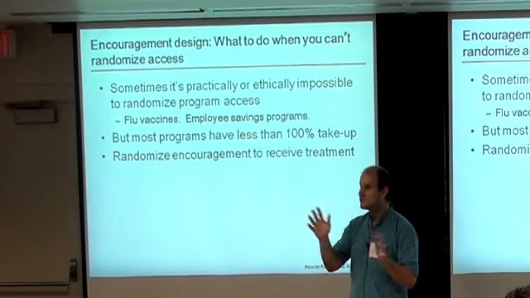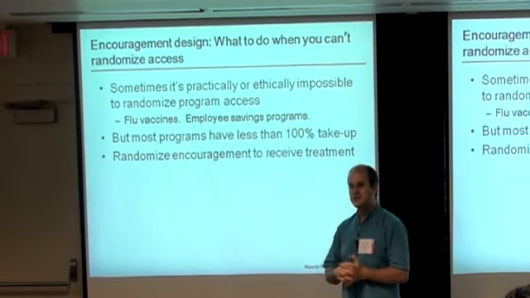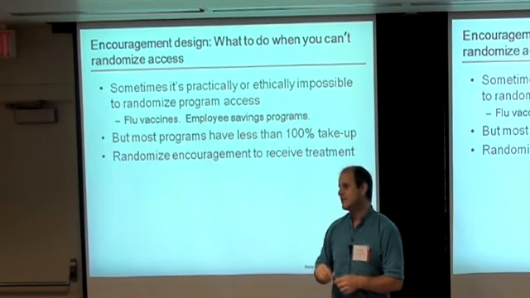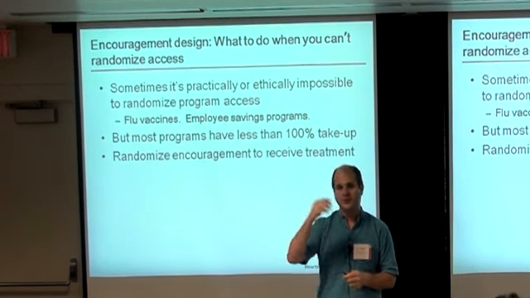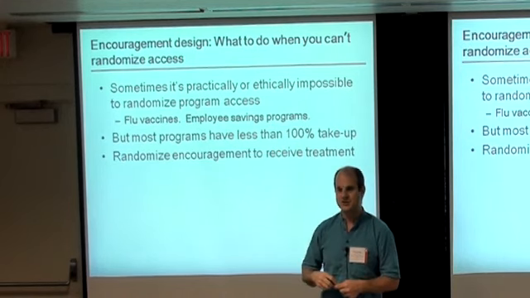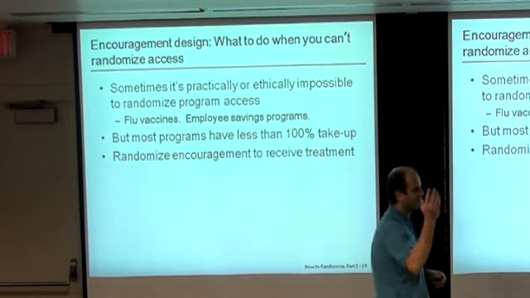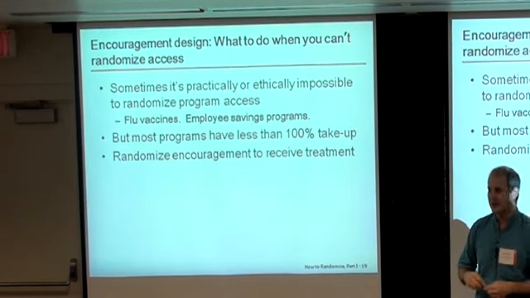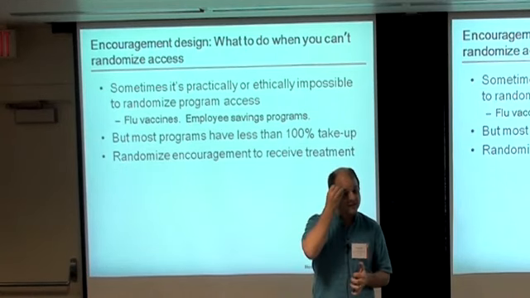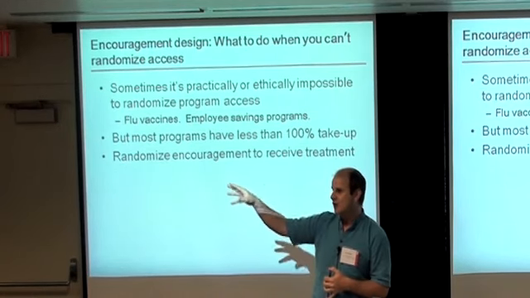A very simple example of this is, suppose that I gave each of you a marketing brochure to go to Au Bon Pain during lunch because of their delicious scones. And I only gave it to half of you. I'm now encouraging half of you to go, the other half not.